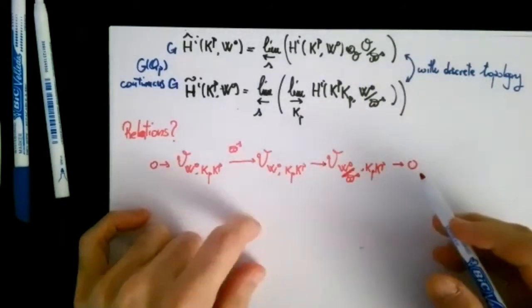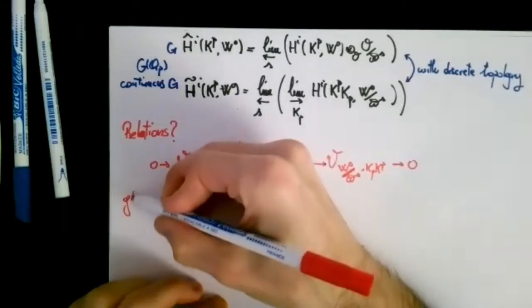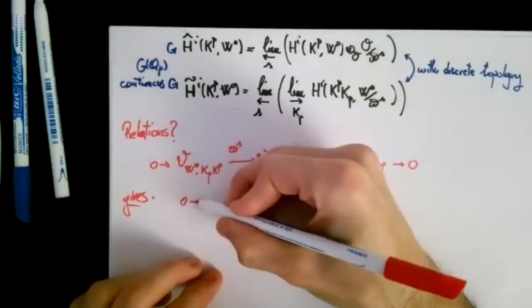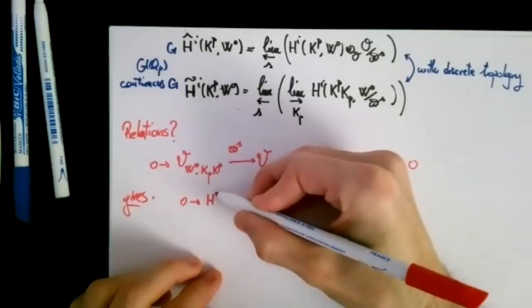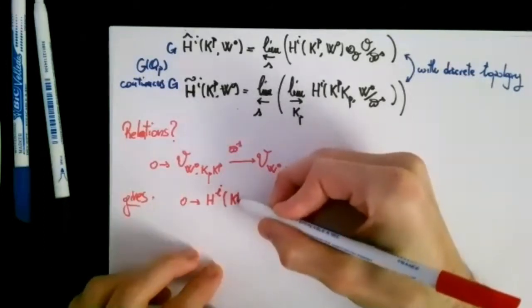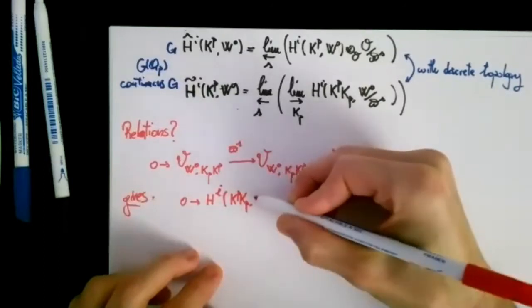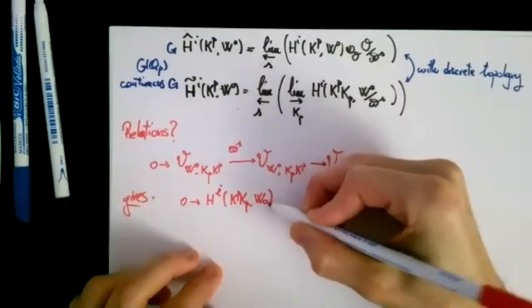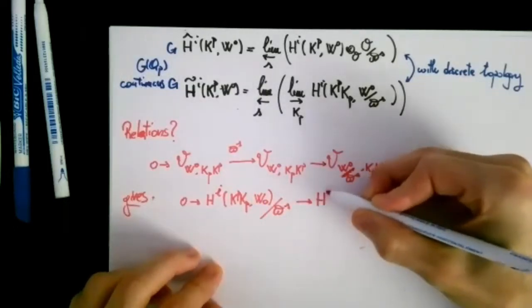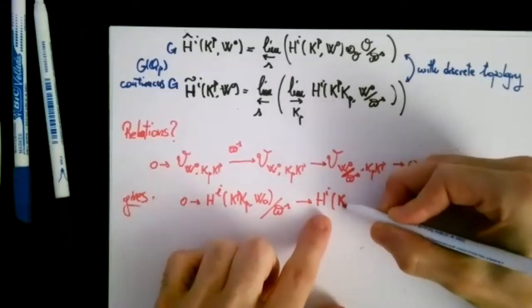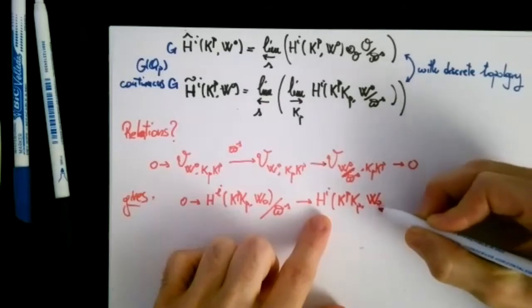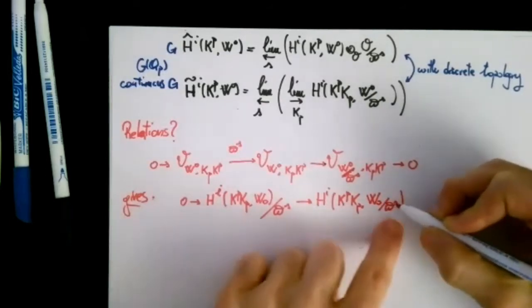So from this exact sequence, I obtain the following exact sequence of cohomology. So Hi of K upper P, K lower P, W naught, and this is mod omega S. Here I get Hi K upper P, K lower P, W naught omega S inside coefficient.